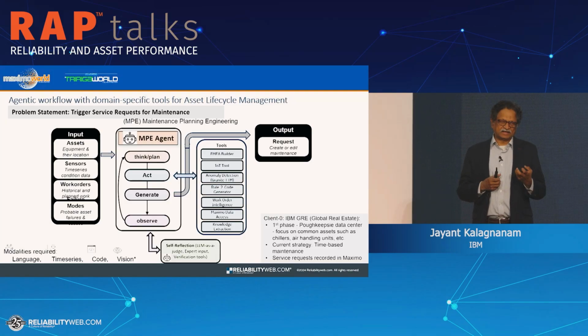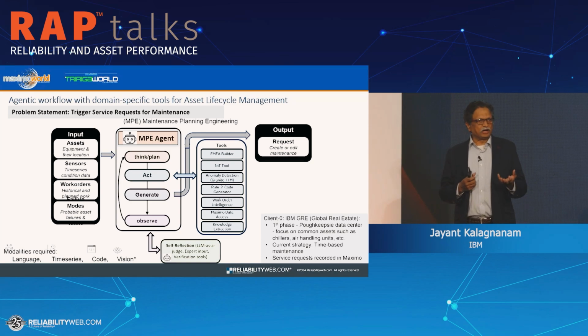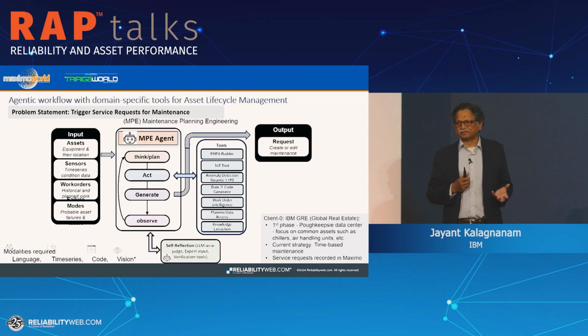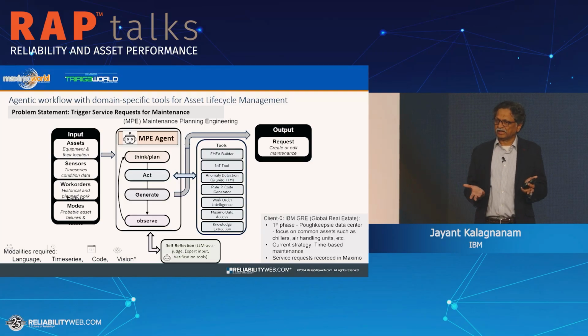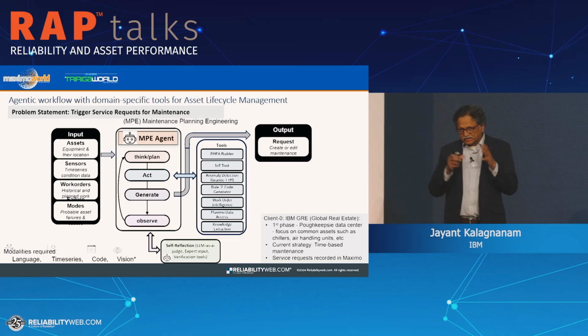Essentially, the agent has the capability, given a query, for example, a query to trigger a service request, to come up with a plan for how to do that, and then take appropriate actions to gather information about the next step. Based on the outcomes, it observes them and then does some self-reflection to see whether the outcomes are meaningful. If not, correct for it and redo it. So that is the general framework.